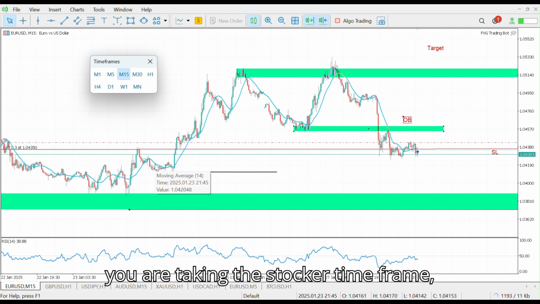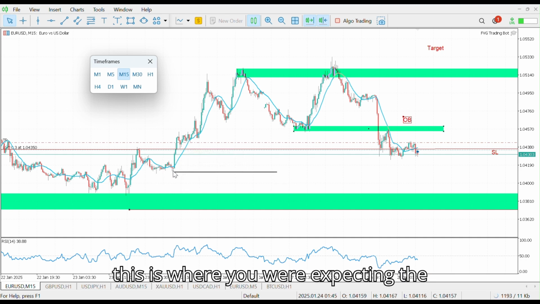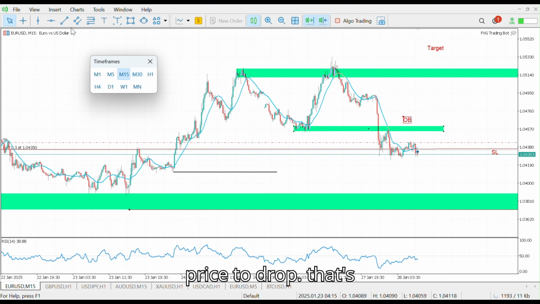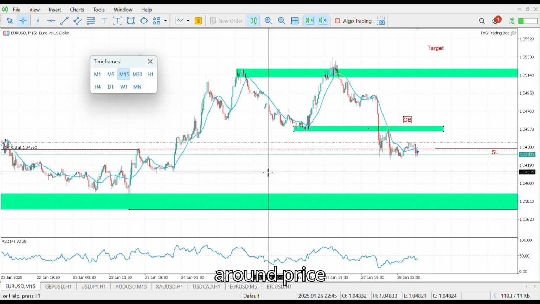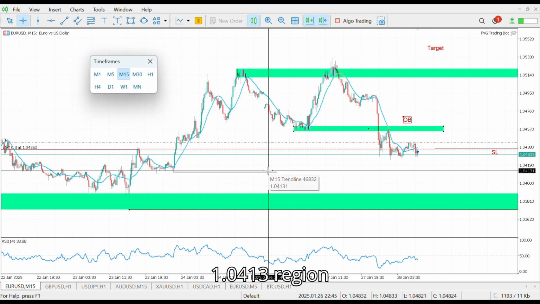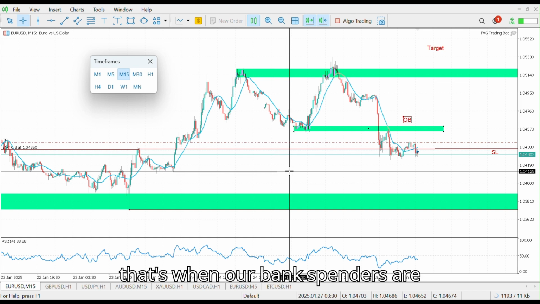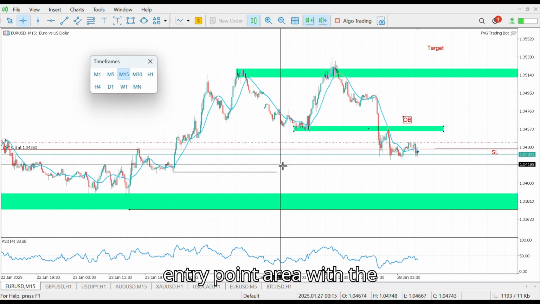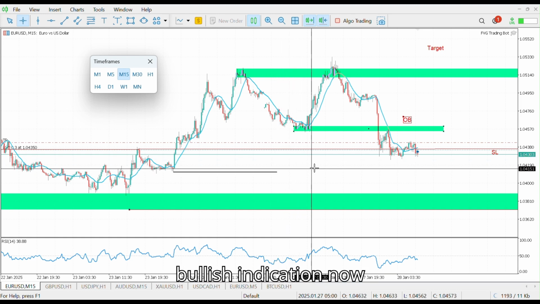So if you're taking the shorter time frame, this is where you'll be expecting the price to drop. Yes, that's around the price 1.0413 region. That's our entry point area with the bullish indication.